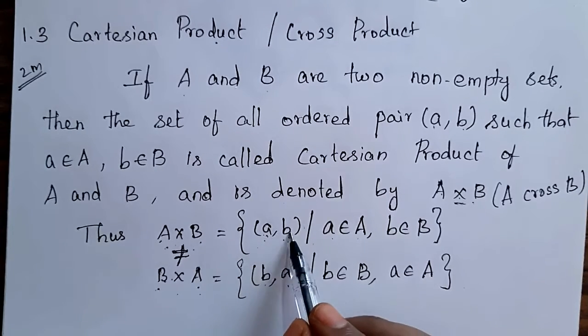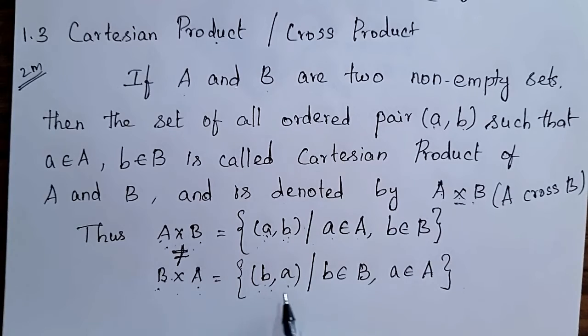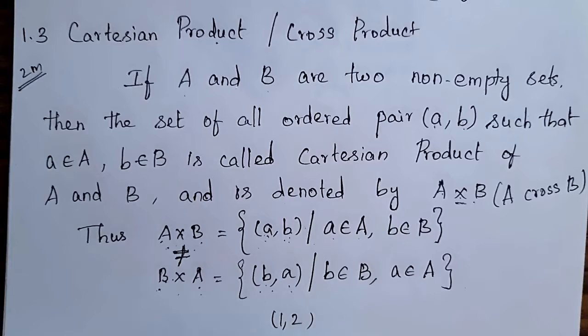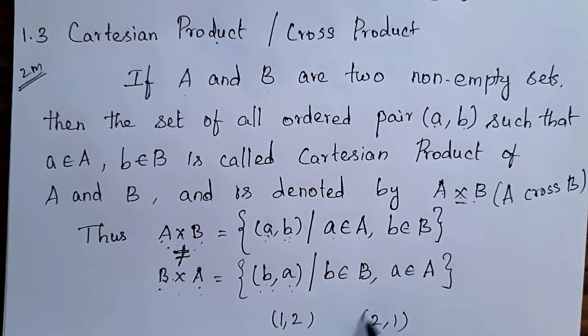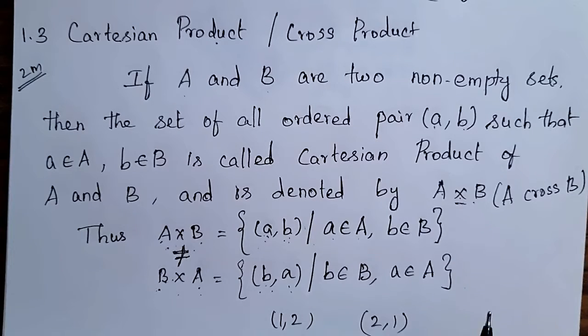Look here, (a, b), here (b, a). For example, it should be like (1, 2), which is A cross B, and (2, 1), which is B cross A. Don't get confused, these are not equal, both are different.